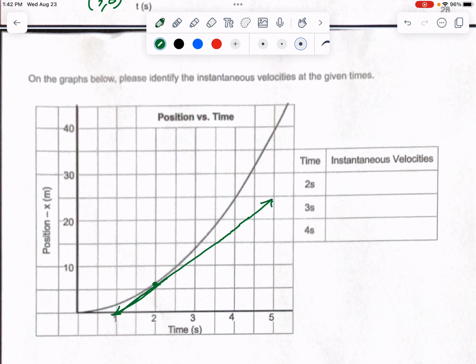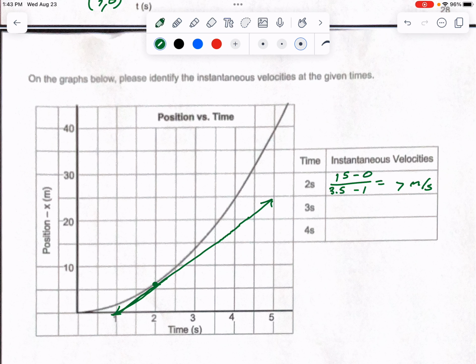Now, the points that I got is my y2 was 15, my y1 was 0, okay, my x2 was 3.5, and my x1 was 1. Okay, so those are the 2 points I got. So if you got something different on yours, as long as you're kind of fairly close, what I'm looking for is, did you get something around 7 meters per second? Okay, so if you're somewhere along that, that's close enough.